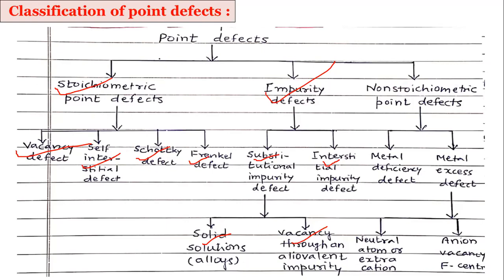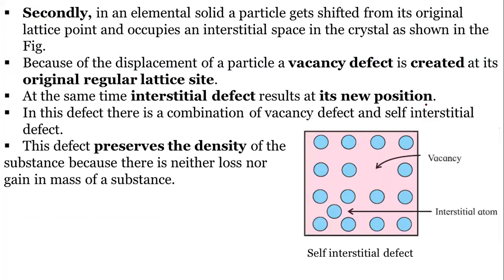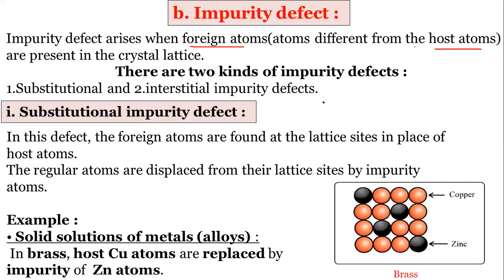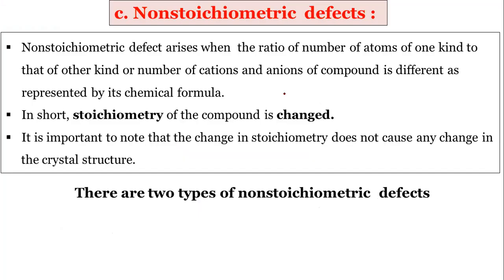If you understand the stoichiometric point defects, in the case of a stoichiometric point defect, the ratio of the number of atoms remains the same. Stoichiometry doesn't change. But in the case of a non-stoichiometric point defect, the stoichiometry will be changed, that is, the ratio of the number of cations and anions will be changed. So see here, what does non-stoichiometric defect mean?